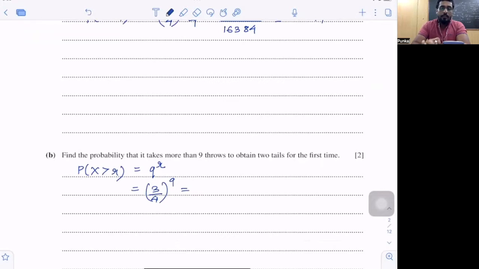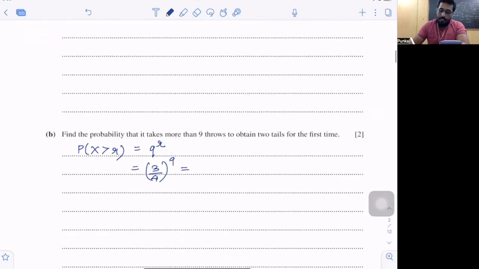So the answer has come 0.075084 and so on. So 0.07508 can be written as 0.0751. That is the answer for part B.